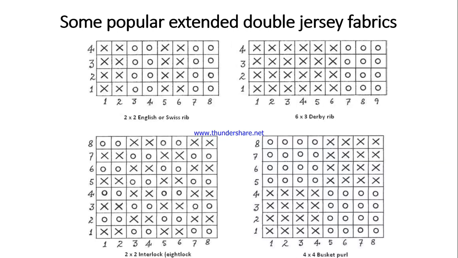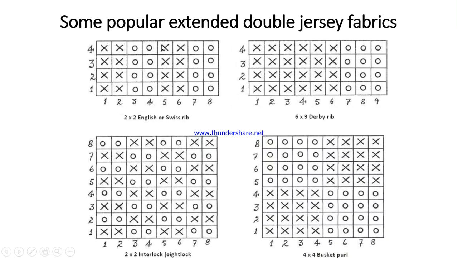Now these are the popular extended double jersey fabrics. You can see 2x2 English or Swiss rib. This type of structure is called 2x2 rib. In rib jersey you can remember there will be the alternation of the wales, face loop and back loop, in wale-wise direction. So if it is a 2x2 rib jersey, there will be 2 face loops, 2 back loops, 2 face loops, 2 back loops.